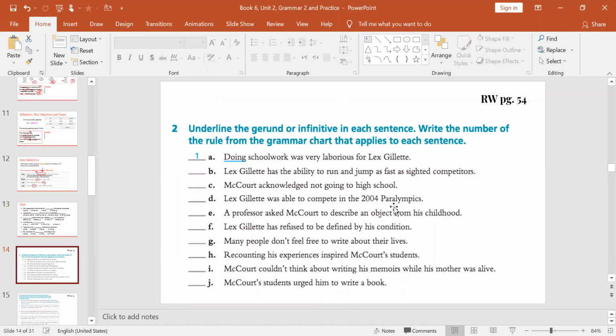Okay, so here, we read the instructions first before we start answering. So the instructions, what does it say? Underline the gerund or infinitive in each sentence. Write the number of the rule from the grammar chart that applies to each section. You don't have to worry about the number so much. I just want you to focus on the gerund or the infinitive. That's the most important thing. So I'll give you about a minute or so to underline the gerund and infinitive, and then we'll go over it together.